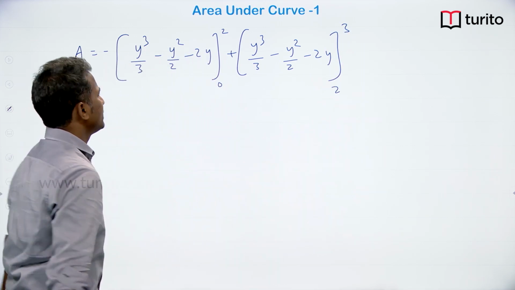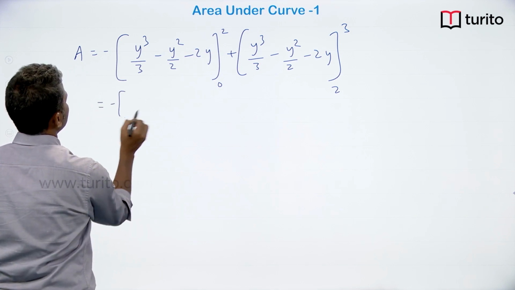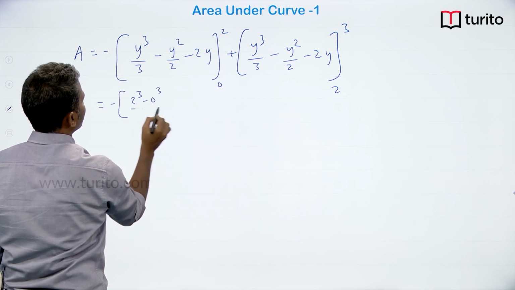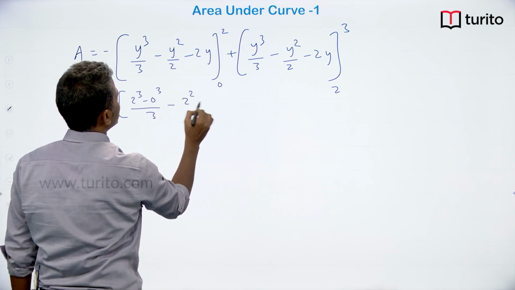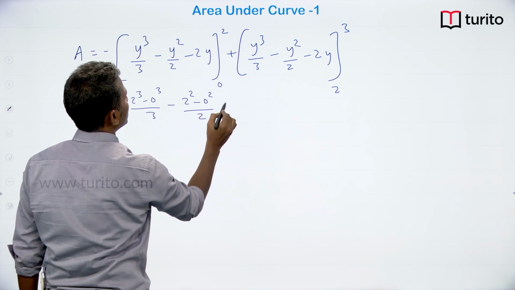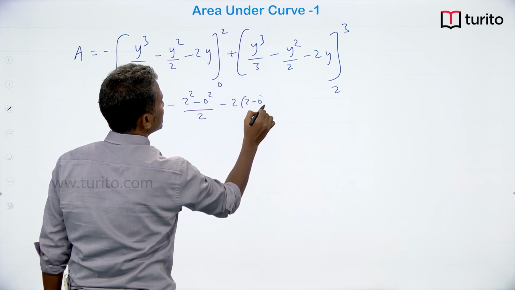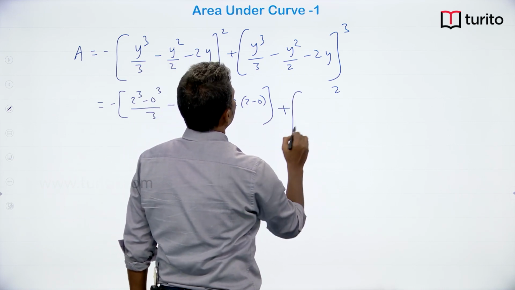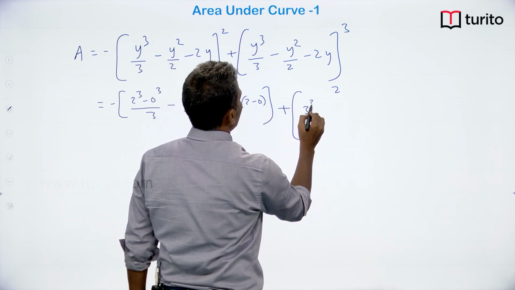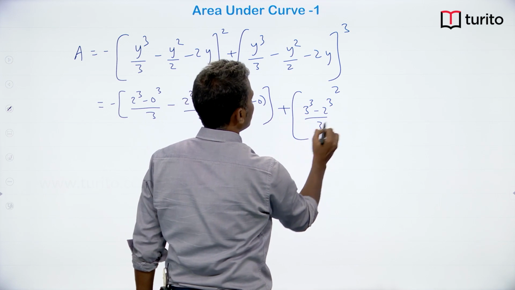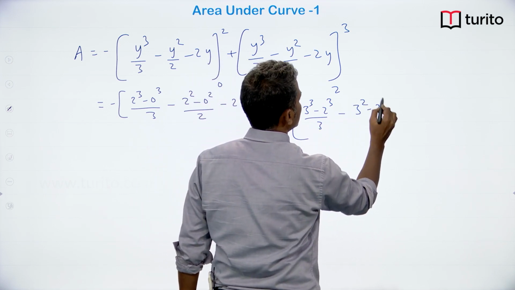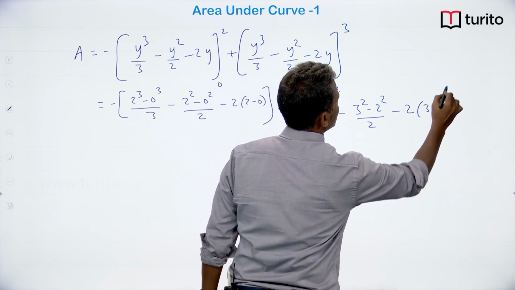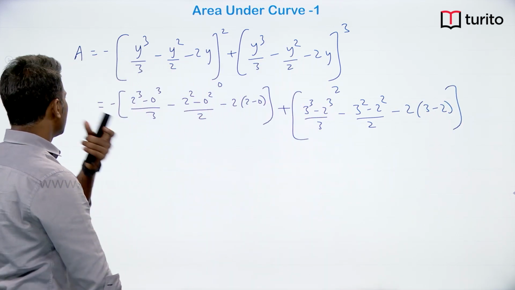Now if we simplify this, what do we get? Minus here, and when we put 2, so (2 cube minus 0 cube) by 3. Similarly here (2 square minus 0 square) by 2 minus 2 into (2 minus 0). Again here also (3 cube minus 2 cube) by 3 minus (3 square minus 2 square) by 2 minus 2 into (3 minus 2). Now we can simplify this.